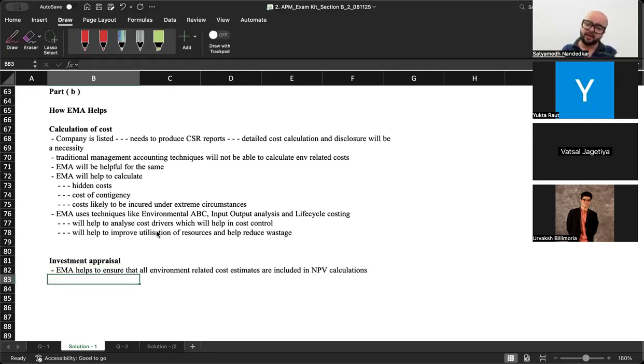All environment related cost estimates are included in NPV calculation. Sorry to interrupt. Can compliance related costs be included in EMA, like the cost to comply to the local or the overall environmental factors and ethics? Yeah, we can. We can.